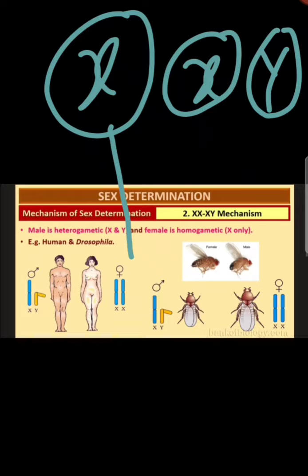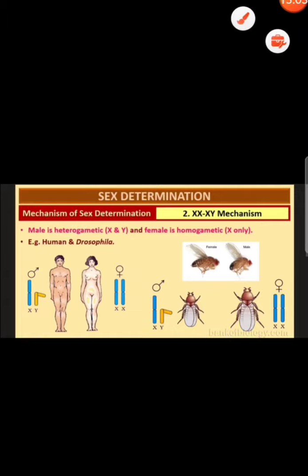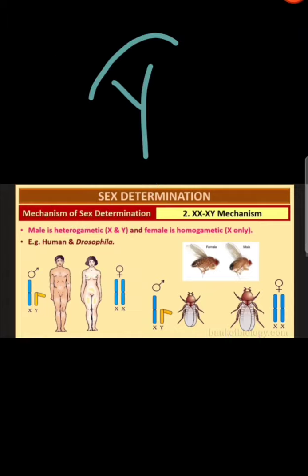If this X and this X will fuse, obviously they will form the girl baby, and this X and this Y, if it fuses, then they will form the boy baby. Okay, so here in case of males, Y chromosome will help in determination of the sex of a baby.